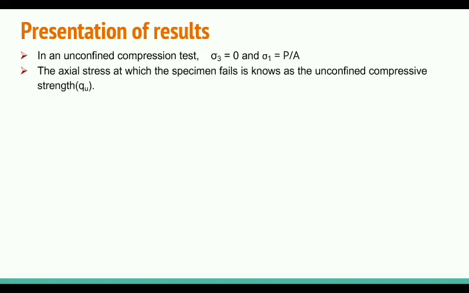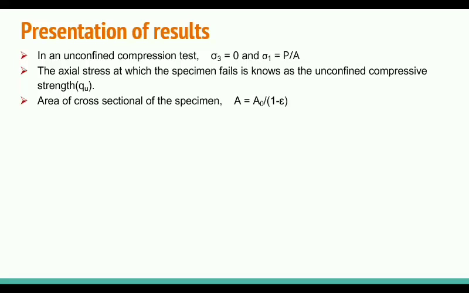Okay. The axial stress at which the specimen fails is known as the unconfined compressive strength, and it is generally denoted by qu. And it's very important. The axial stress at which the specimen failed is known as the unconfined compressive strength. When you are applying a compressive load on a soil specimen, what is happening?